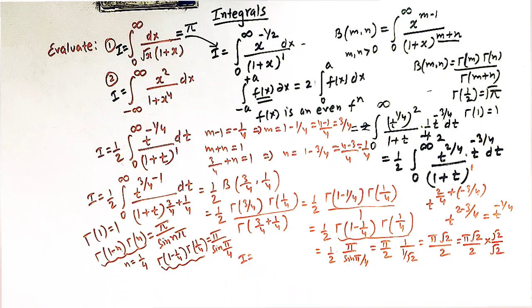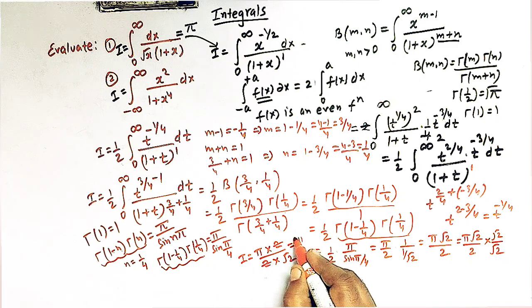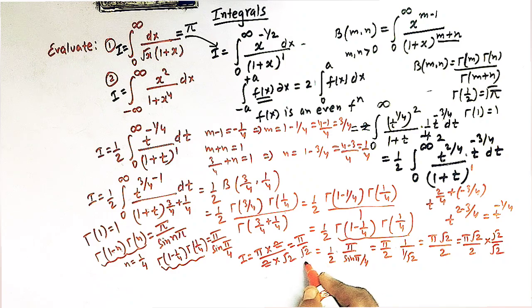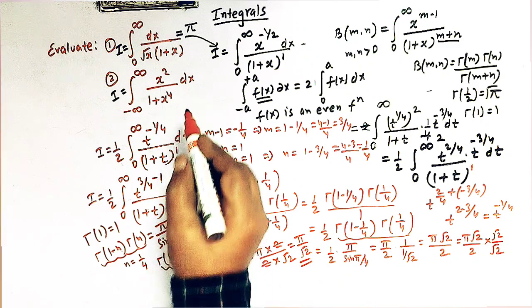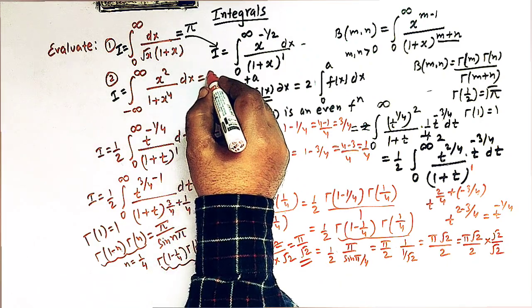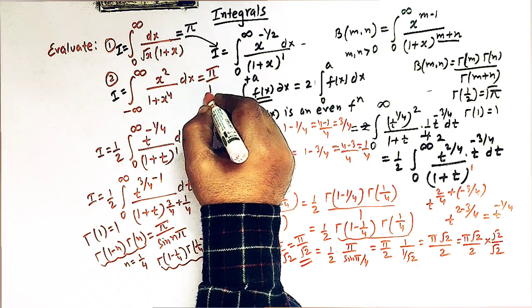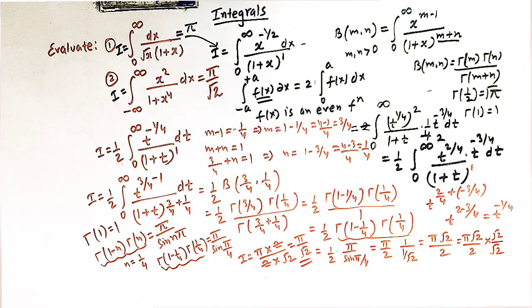So the value of I is now equal to pi times root 2 times root 2 is 2, and here we have 2 and here we have root 2. So 2 and 2 get cancelled, so we are left with pi over square root of 2. So viewers, the value of this integral is equal to pi over square root of 2.